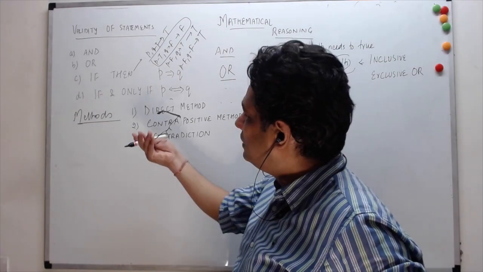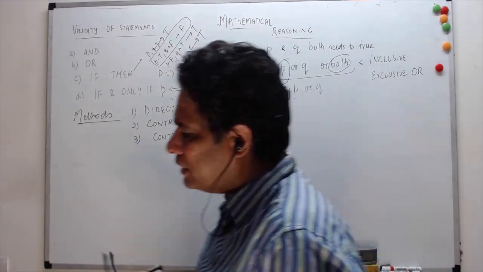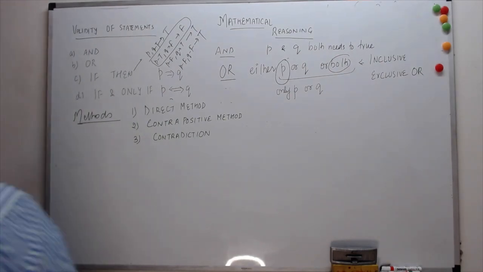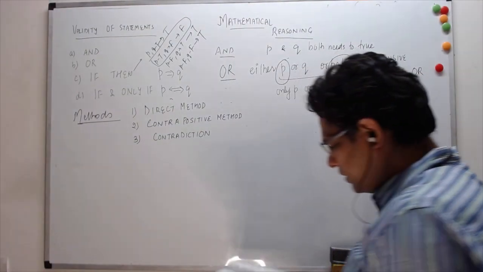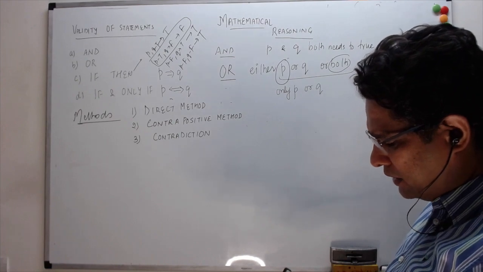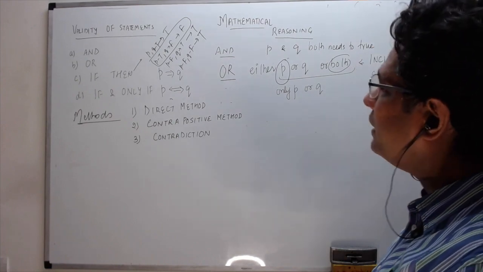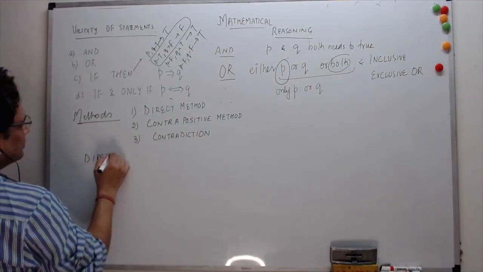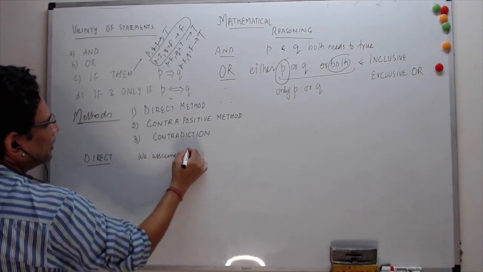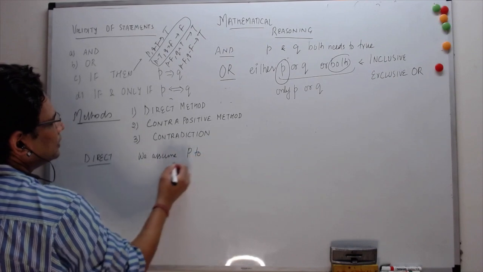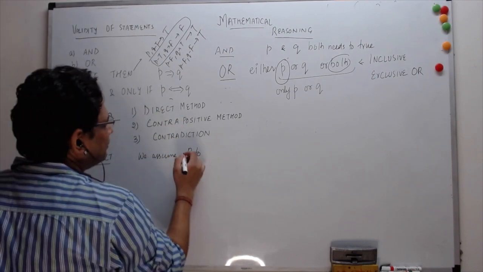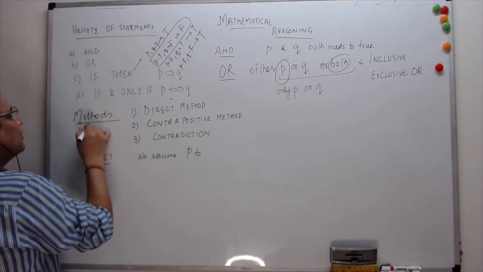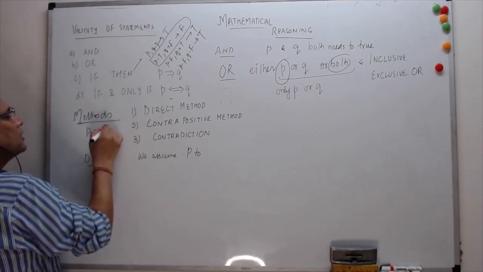There is a direct method, and there is a contrapositive method, and then there is a contradiction. So what does the direct method say? Under the direct method, we assume P to be true. If there is an if-then, that means we have a P and a Q, right? We are evaluating whether this implication is true or not.